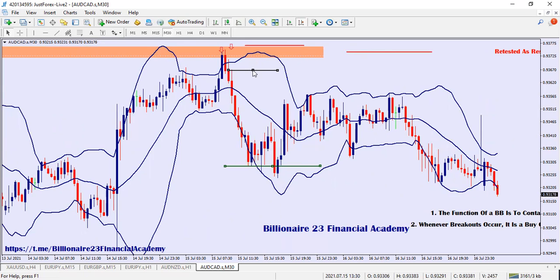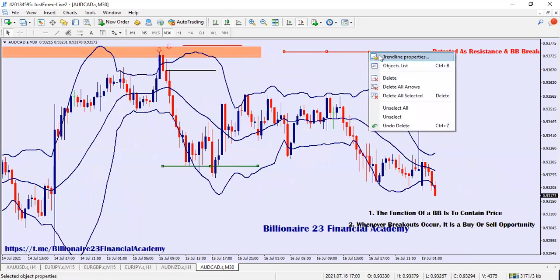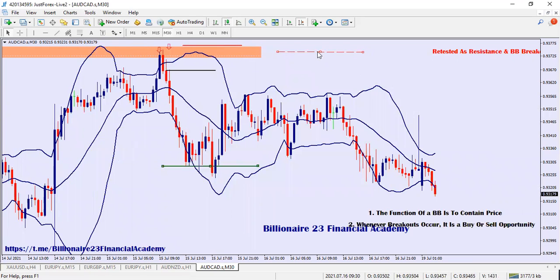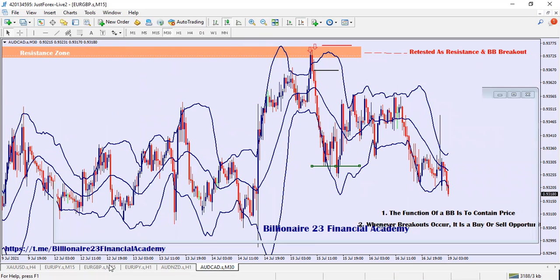It's a 1-to-3 risk to reward ratio. So let me just switch this since it's notes. This area was retested as resistance and the Bollinger Band breakout. Great, so let's move on to another chart.